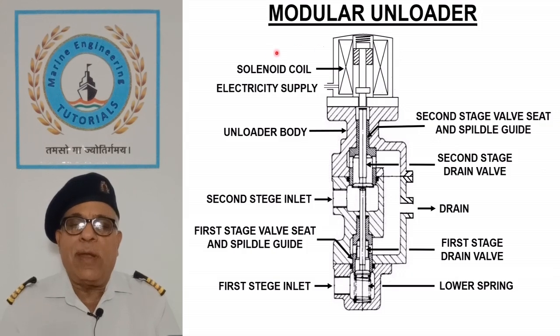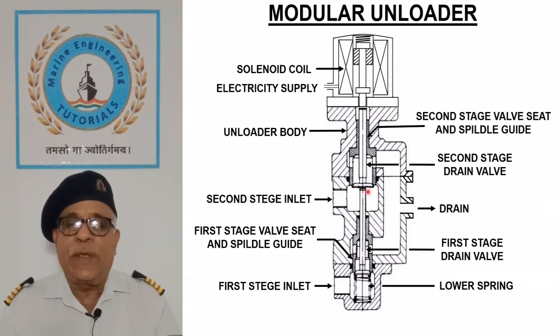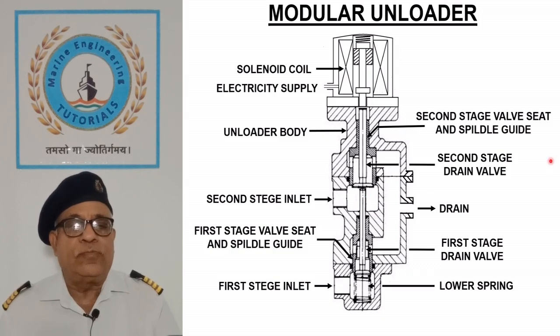A solenoid coil is mounted above the unloader body for its operation, which is shown in energized condition when the unloader is off and air is being compressed.